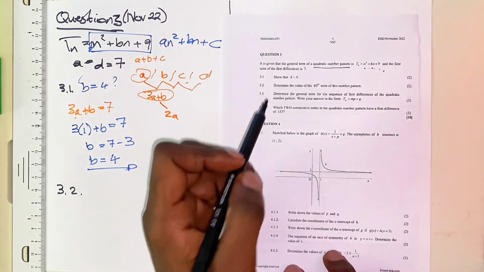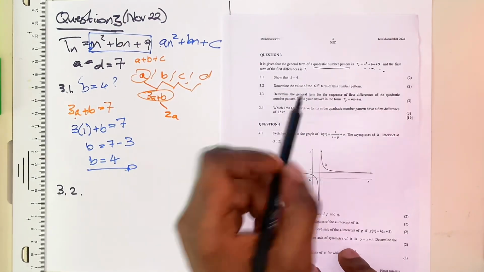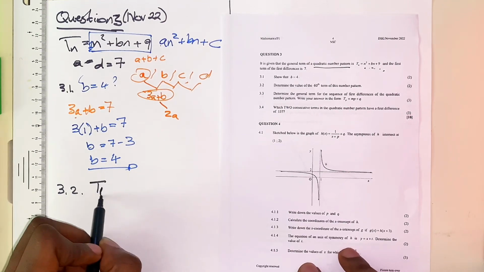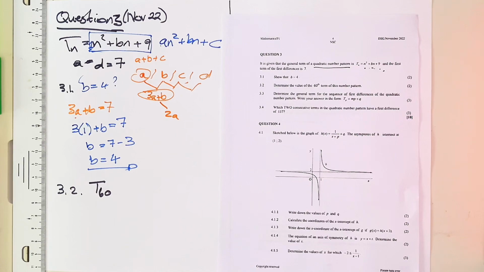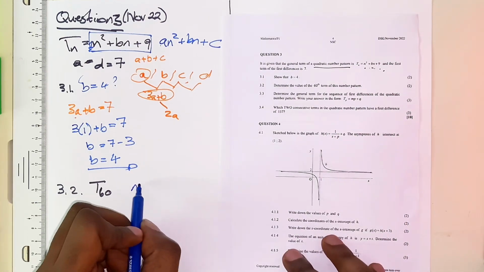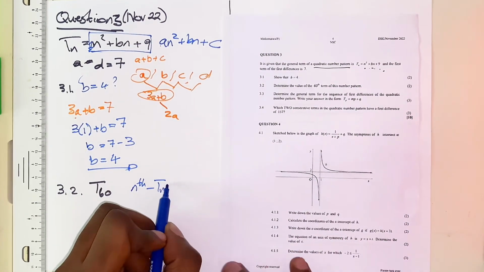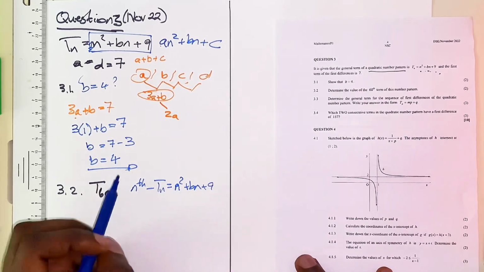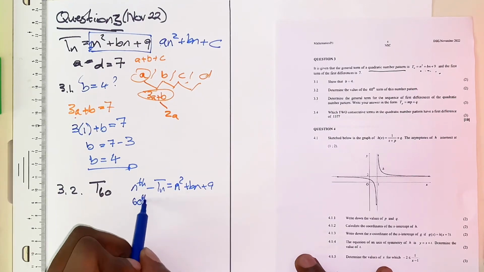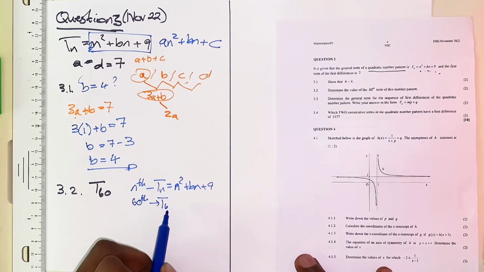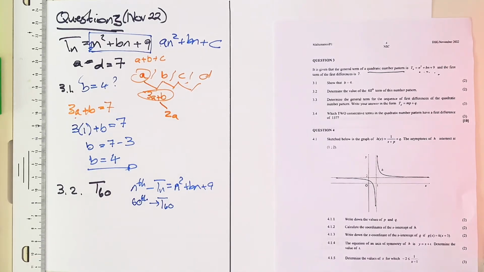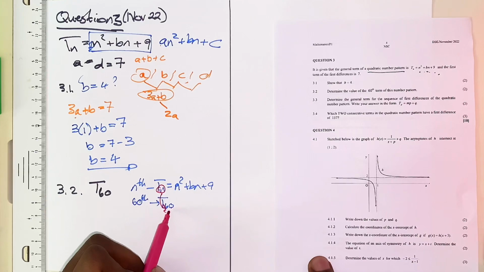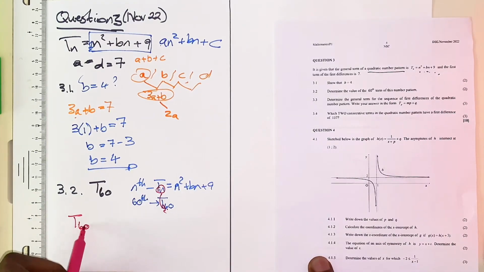Now for 3.2, it says determine the value of the 60th term in this number pattern. So we are looking for T60. For the nth term, which is given by Tn equal to n squared plus bn plus 9, we are looking for the 60th term, which will then be T60. T60 means that wherever we see n, we are going to substitute it by 60. Now, what is T60?